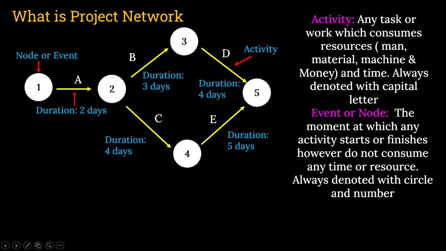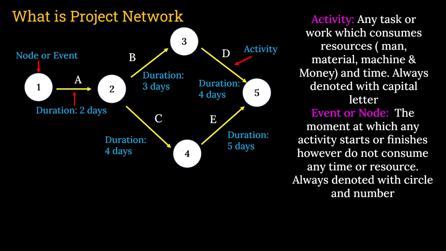And it should have a proper duration mentioned below the activity. Any activity's starting point and end point will be termed as a node, which will be denoted with a circle and number. And this node is not going to consume any resources or time. Clear? So there is a difference between activity, event or node.